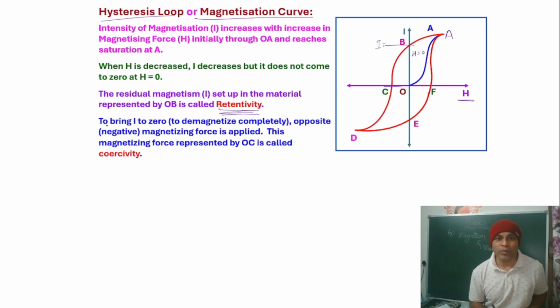Now what happens to bring I to 0? To demagnetize completely, an opposite, negative magnetizing force is applied. So here the negative H is applied, so that I becomes 0. This magnetizing force, represented by OC, is called coercivity. This is coercivity and this is retentivity.